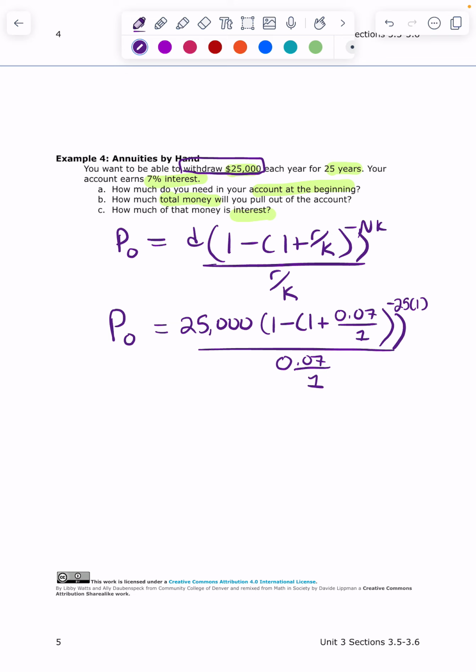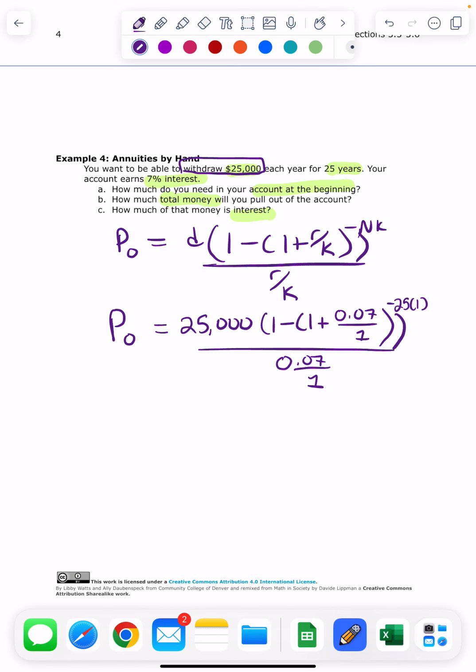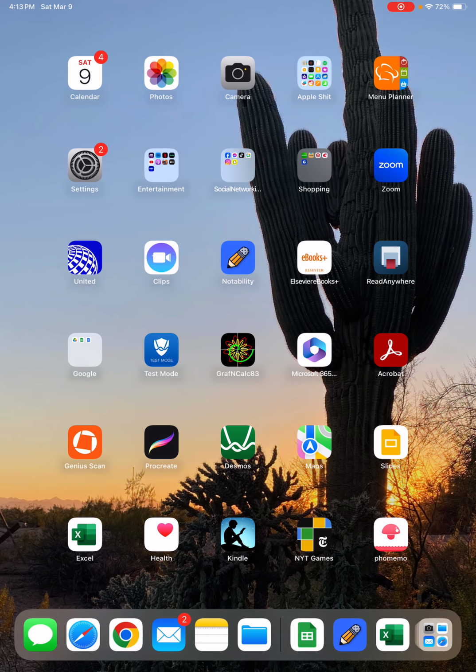I was going to show you how to do this in Desmos so that you can, if you have other problems that are using this formula, just change the numbers up and keep using the same formula. So let me see if I can find Desmos on here. Obviously not prepared.